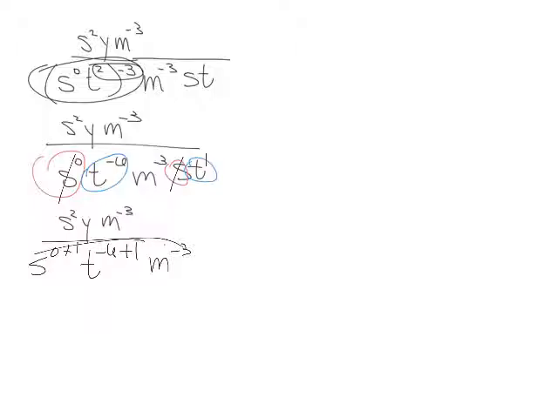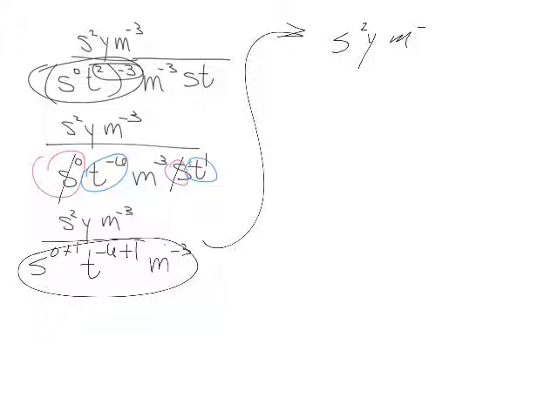So when we combine this bottom here, we'll jump up here, s squared y m to the minus 3 all over s to the first. 0 plus 1 is 1. So I took these and added 0 plus 1 and just have an s there. I've got a negative 6 plus 1, which is going to give me a t to the negative 5, and then my m to the negative 3 stays the way it is.